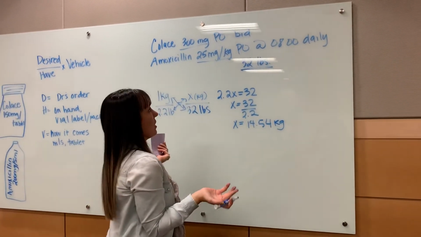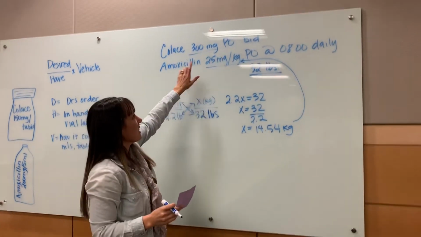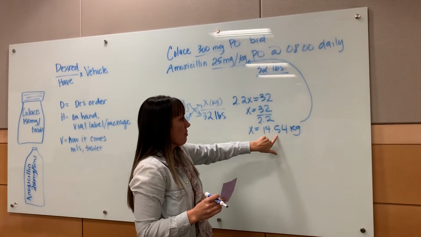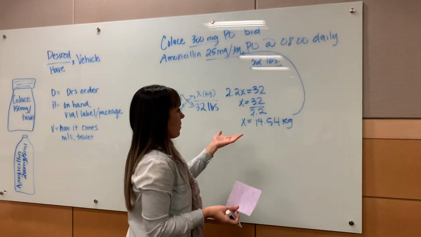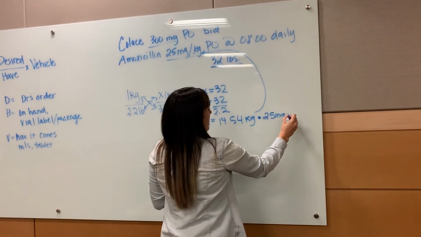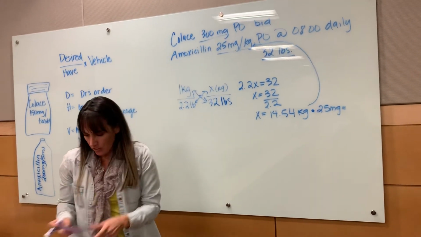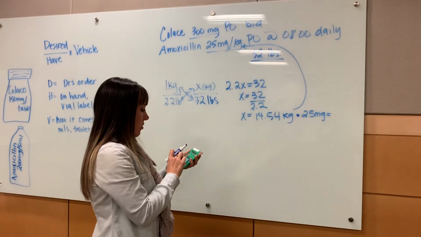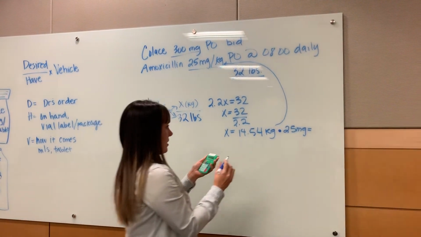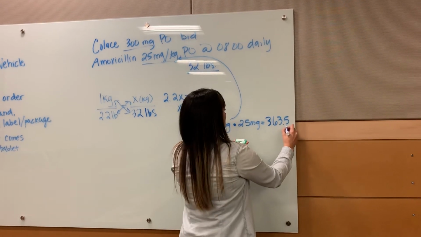Well, what do I do with that number? You're going to plug it back into the doctor's order, because the doctor wants us to give 25 milligrams per 1 kilogram, but our patient is 14.54 kilograms. So I need to multiply this number by 25 milligrams. 14.54 times 25 equals 363.5 milligrams.